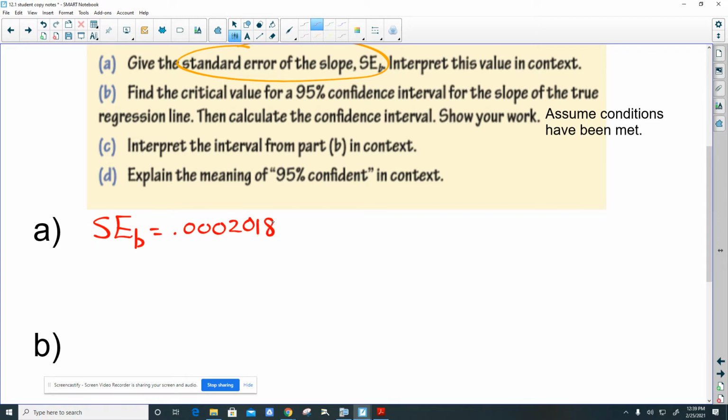And then we want to interpret what that means in the context of this helicopter problem.